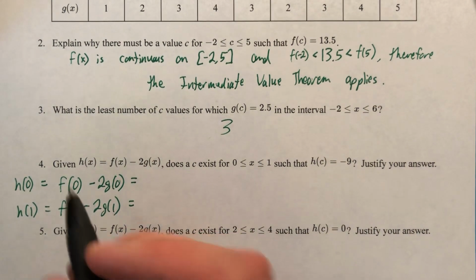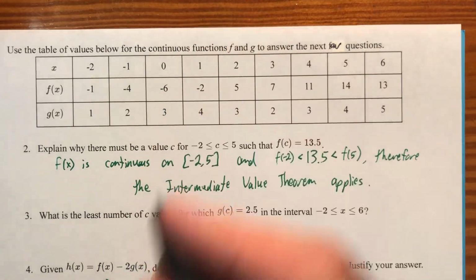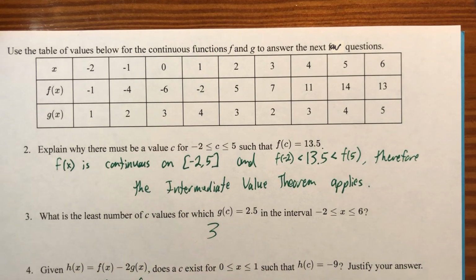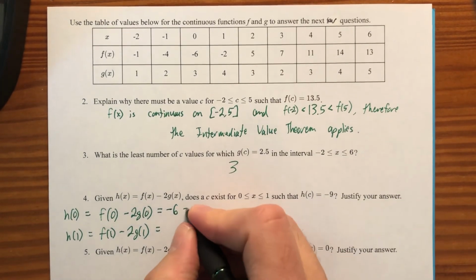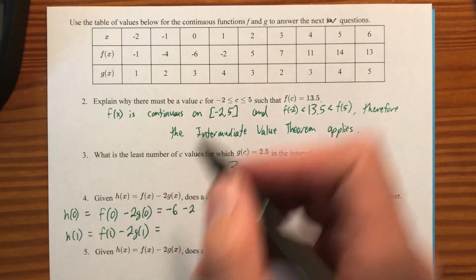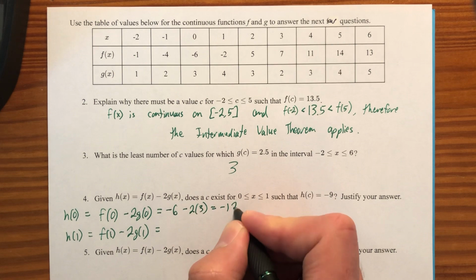Let's find out. So I'm going to plug in a 0 for F, and I get -6. Let's zoom this out a little bit. You'll be able to see it a little better. There we go. Minus 2 times, plug in a 0 for G, and I get 3. And that's going to give me -12.